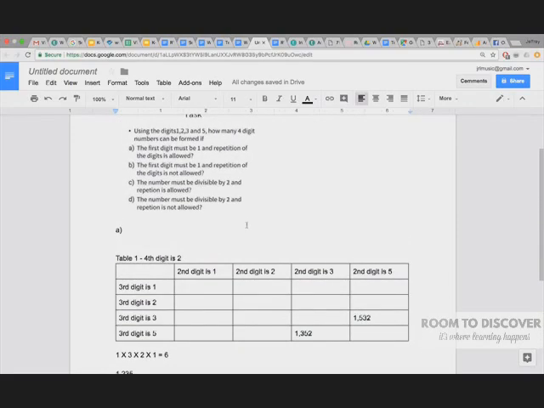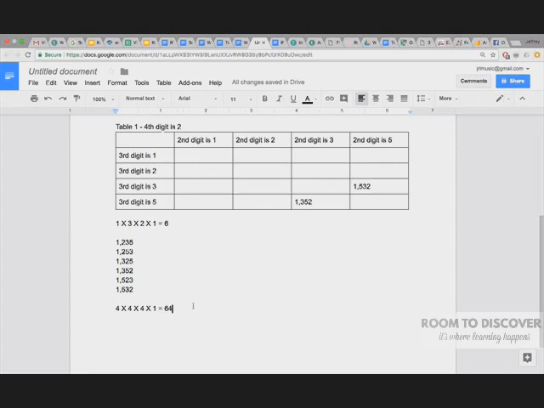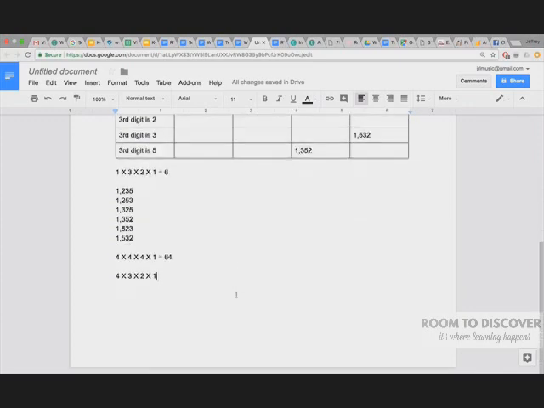And then the number must be divisible by 2 and repetition is not allowed, but we're not constraining our first digit. So we're going to have 4 options for our first digit, then 3 left after that, then 2 left after that, and 1 left after that. Oh, and it must be divisible by 2.